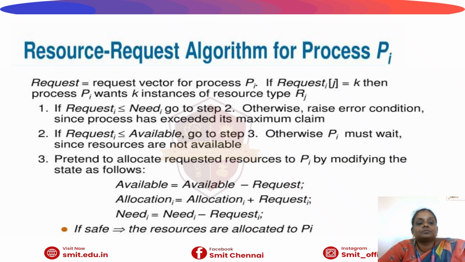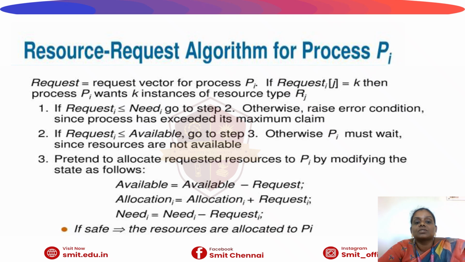Resource allocation algorithm for process P1. If request resource vector for process P1, Request[j] = k, then process P1 wants k instances of resource type Rj. If Request is less than or equal to Need, go to step 2; otherwise an error condition occurs.